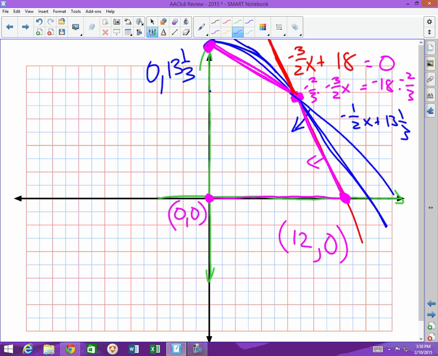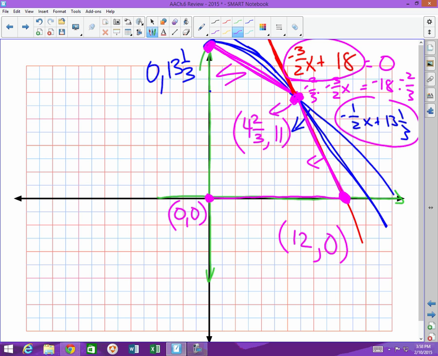So that coordinate is 12, 0. Here we have 0, 13 and a third. Then you're going to have to take your handy dandy calculator, put in this equation and that equation to figure out that intersection point, which is 4 2/3, comma, 11.